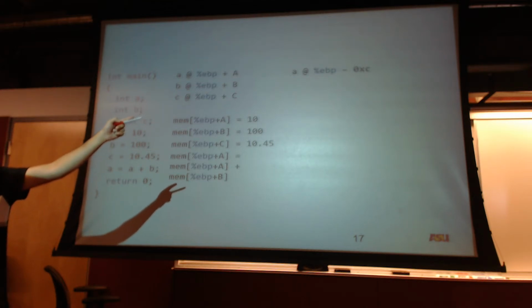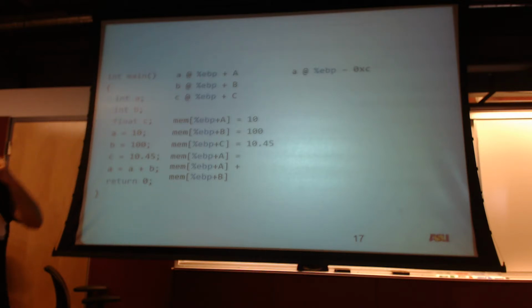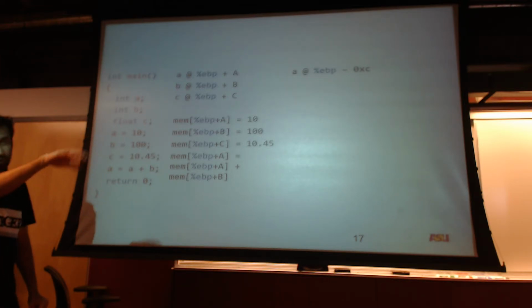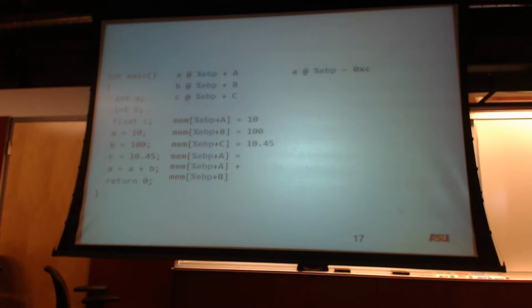So the stack pointer has changed. The stack pointer now becomes EBP minus C. The frame pointer remains the same, in EBP. And you put the value 10 in there. Actually, we haven't put the value 10 yet. We have reserved the location for it. The location for B becomes EBP minus 8.